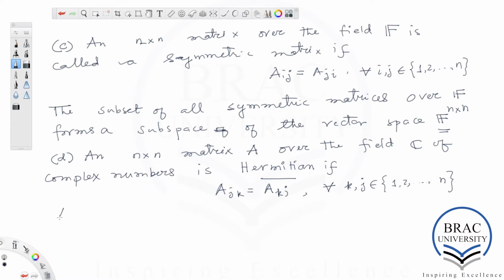Okay, so one can check that a 2 times 2 matrix is Hermitian if and only if it has the following form.